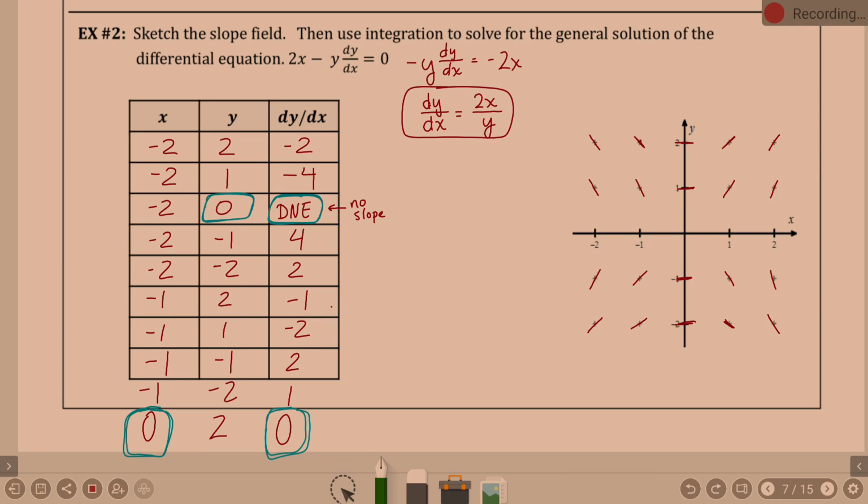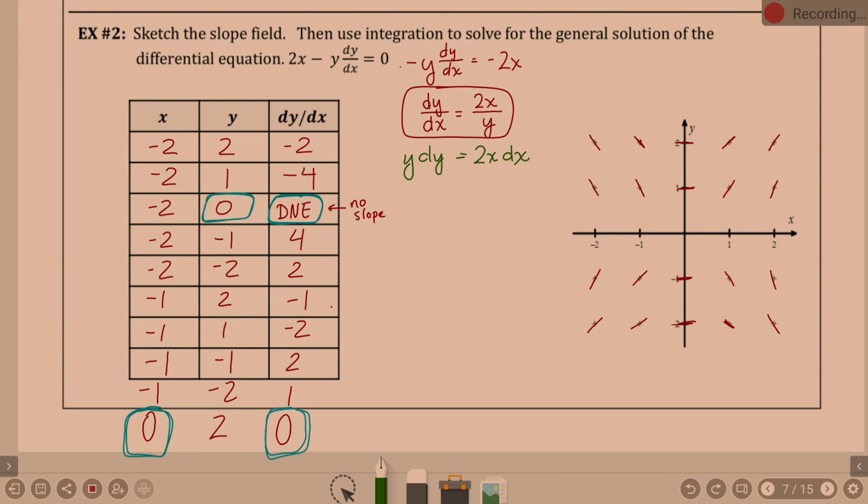So if we multiply the y over, it's y dy. If we multiply the dx over, it's... Are you there? You guys were there ahead of me.